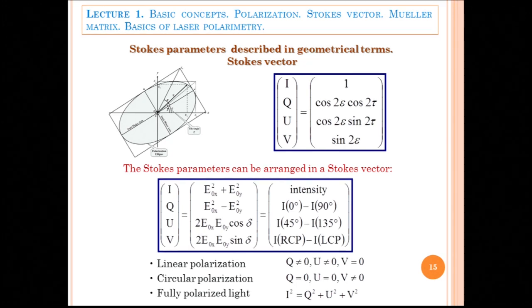The second one, how can we measure the second one? We should just adjust our analyzer, polarizer analyzer, on the output of our system with angle 0 and measure this intensity from a CCD camera, from a photodiode, from whatever you want.